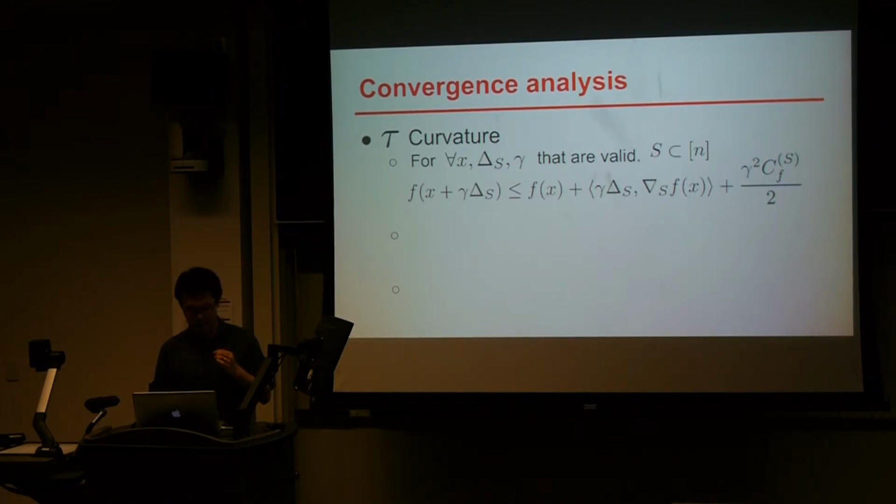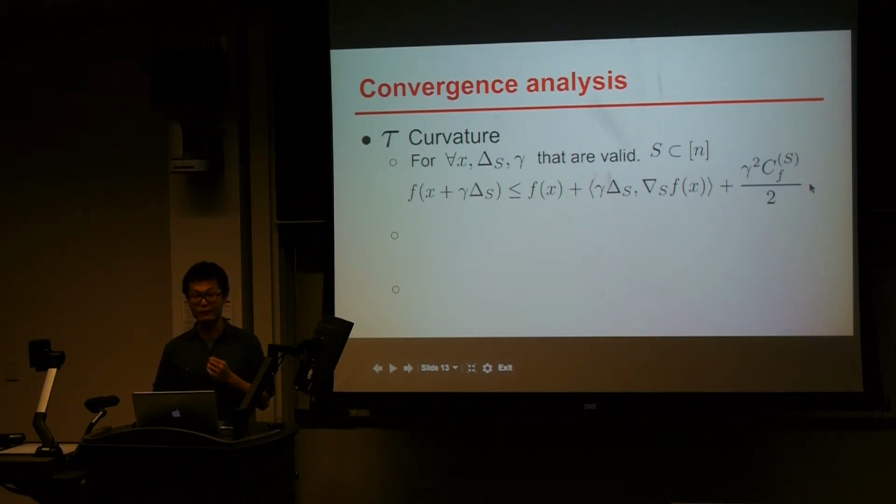We require that for any x and any x plus delta s in the domain, where delta s is the restricted update only towards a subset of the coordinates, a subset of size tau within the 1 to n coordinate blocks, and regardless of which x, which update step, and which gamma between 0 and 1 we choose, the function is always upper bounded by a term with gamma squared times the curvature constant over 2.